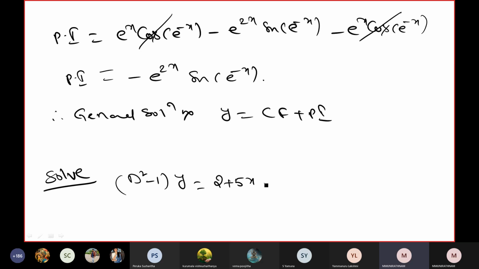Those who have finished, write the next problem: solve d square minus 1 into y equal to 2 plus 5x. Sir, see the previous page once. What is CF now?